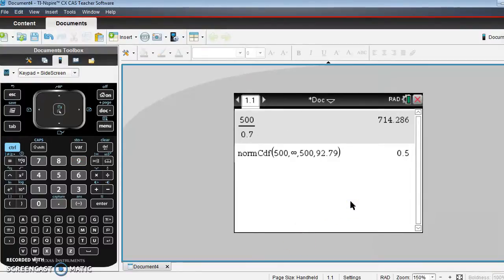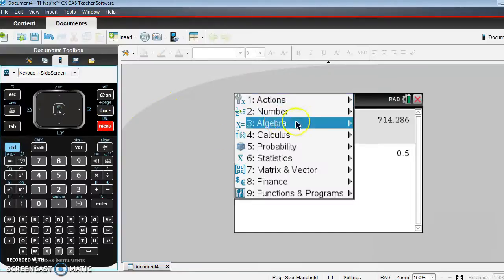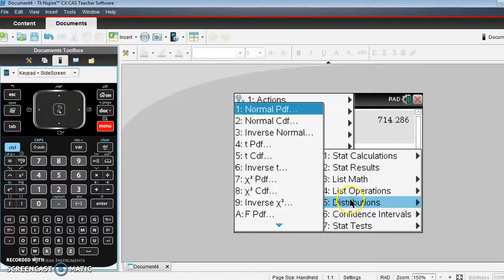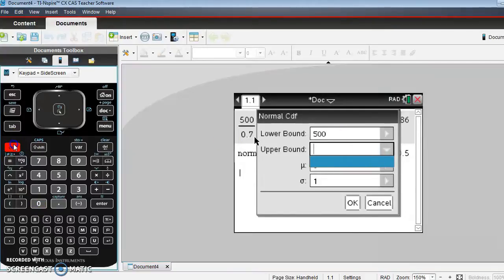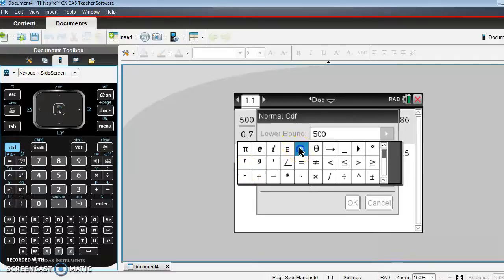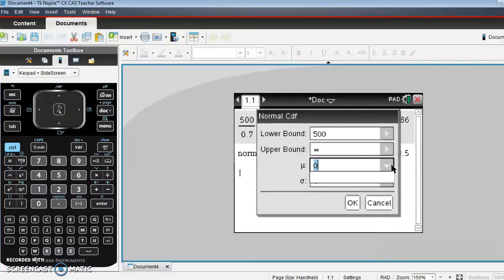And, wait a minute. Sorry, I must have made a mistake. So lower bound, I want to find out if it's, oh, I think I know what mistake I made. So 500 to infinity. And the mean is 700. I think I put 500. Pretty sure that's what I did wrong.